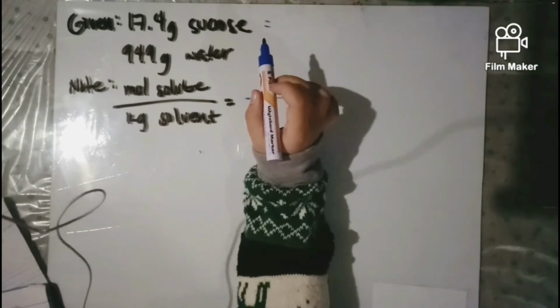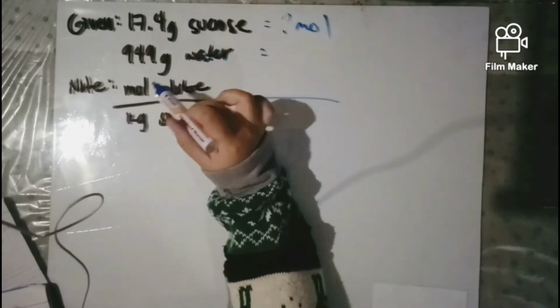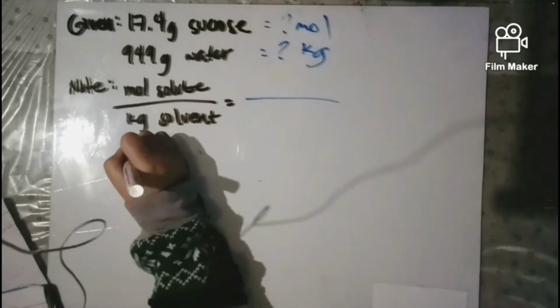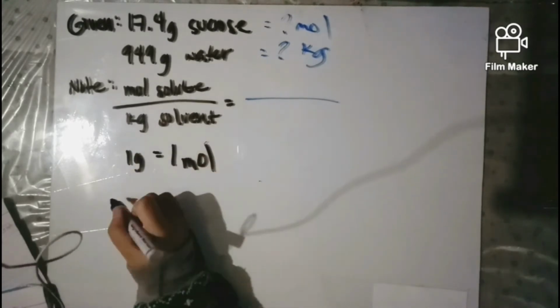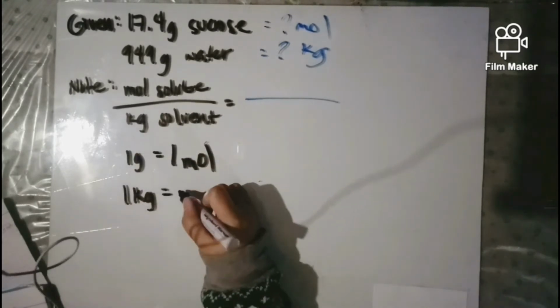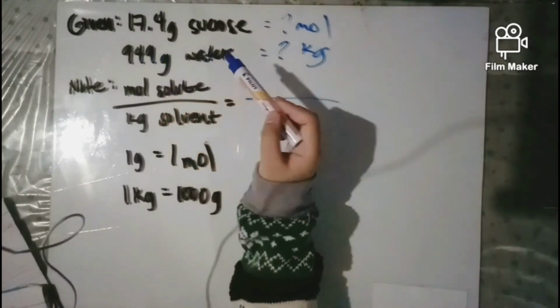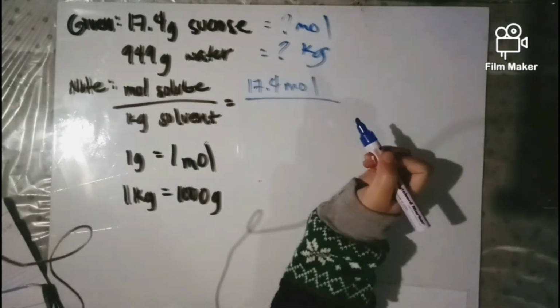To find the molality, you need to convert the gram into mole and the gram of solvent into kilogram. Remember that 1 gram is equivalent to 1 mole, while 1 kilogram is equivalent to 1,000 gram. 17.4 gram of sucrose is the same as 17.4 mole of sucrose.